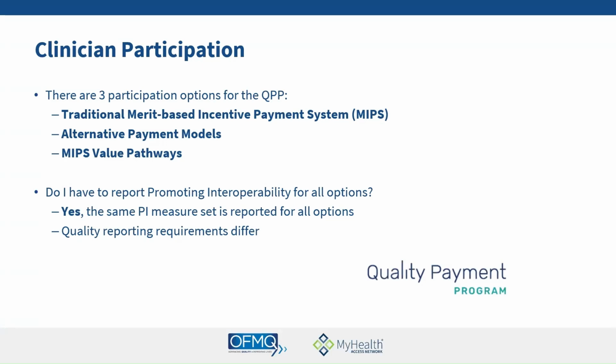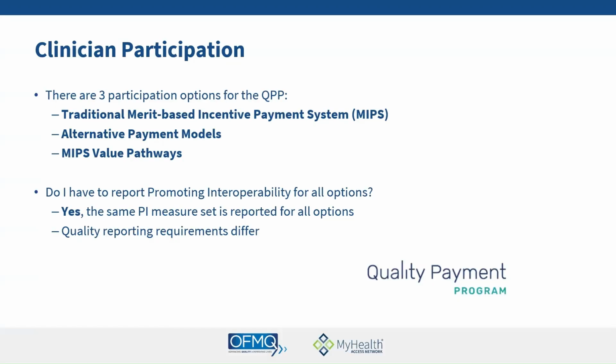So no matter which of those options you're participating under, you will have to report promoting interoperability objectives and measures. The same promoting interoperability measure set is reported for all of the options that you participate in. The quality reporting requirements are going to differ whether you're doing the traditional MIPS or maybe in an ACO, but the promoting interoperability part's the same.